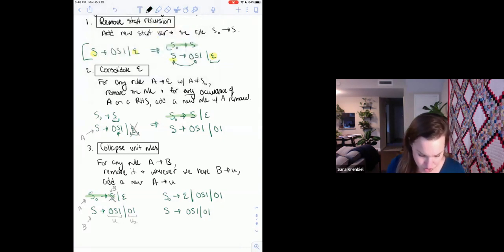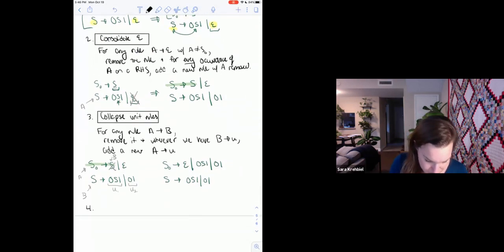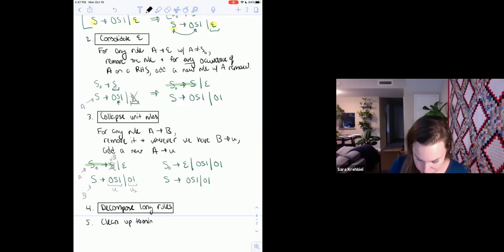So for the next two, there are two more steps. The fourth one is the hardest, and so we're going to break it down more next time, but I want to show you how it works in this case. I'm going to describe this as decomposing long rules. And then after that, we're going to clean up the terminals.